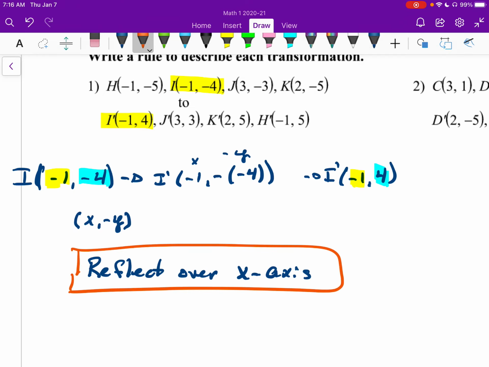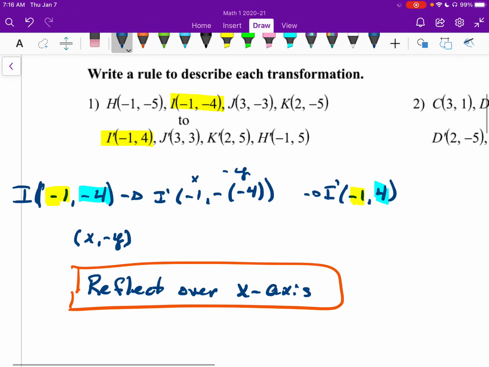Just to help us visualize this, I'm going to do just a little bit of rough graph here. I'll make I orange. I is going to be down here at -1, -4. I prime is going to be at -1, +4, which would be up there. And we can see that it would reflect over that line there. That's the x-axis.